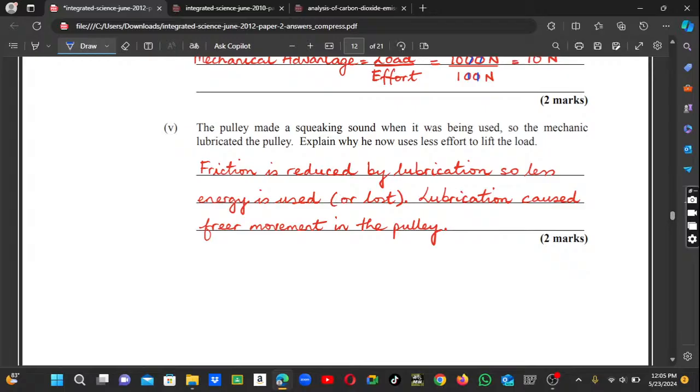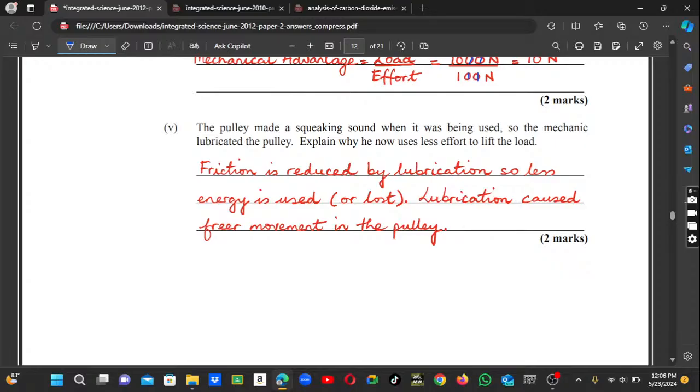Next, the pulley made a squeaking sound when it was being used, so the mechanic lubricated the pulley. We need to explain why he now uses less effort to lift the load. The friction is being reduced by the lubrication, so less energy is being lost. The lubrication causes free movement in the pulley.